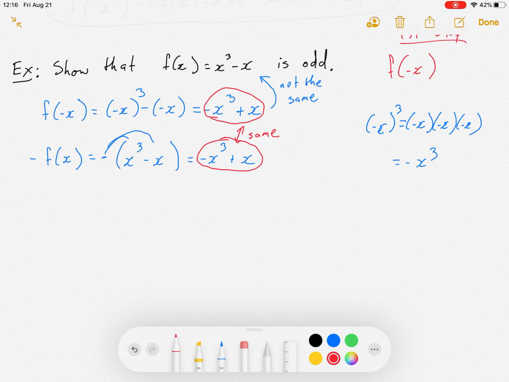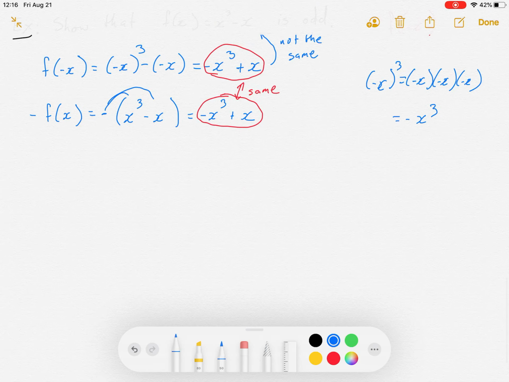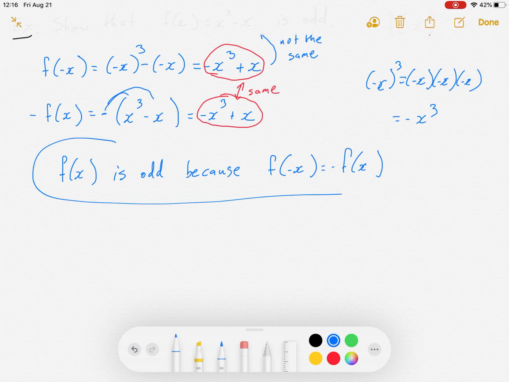So if I'm grading your work, I noticed that, yep, you noted that they were the same. So then you could conclude, so you could say f of x is odd because f of negative x equals negative f of x. And that would be the final answer, and we have our work to prove it.